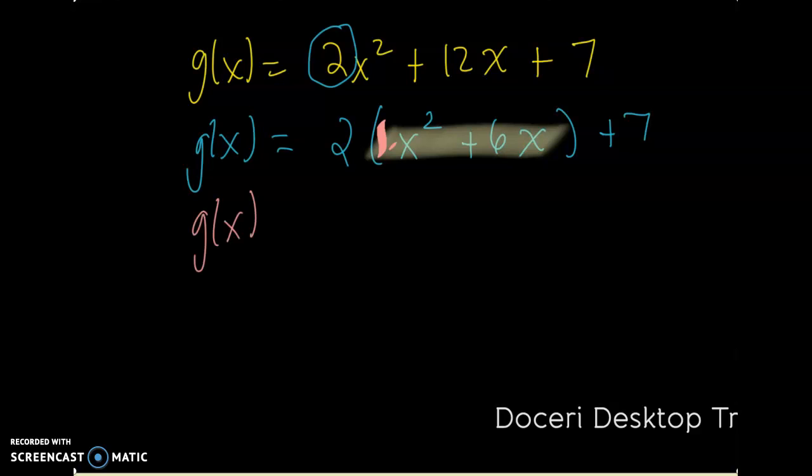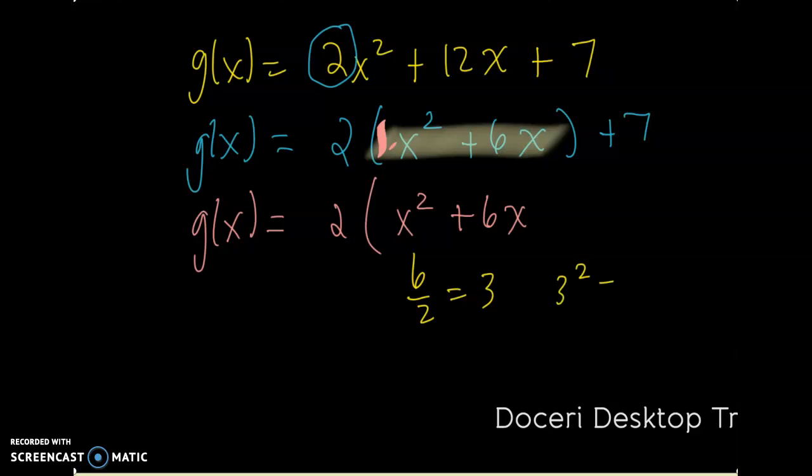So g of x equals, we have a 2 on the outside. We have x squared plus 6x, right? This is where we take the 6, divide it by 2, we get 3, 3 squared, we get 9. So 9 is the c squared. That's the one that we need to add and subtract to the original equation.